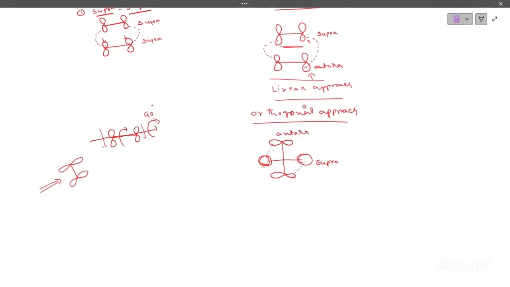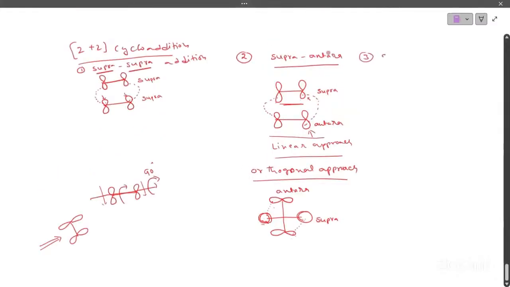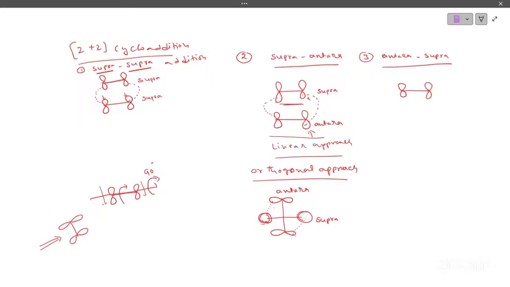Now, coming to the third bonding interaction, that is the third stereochemical mode, antara-supra addition. Now, first understand the linear approach. This is the first pi system, and this is the second pi system.